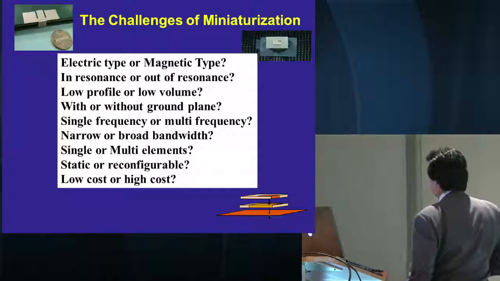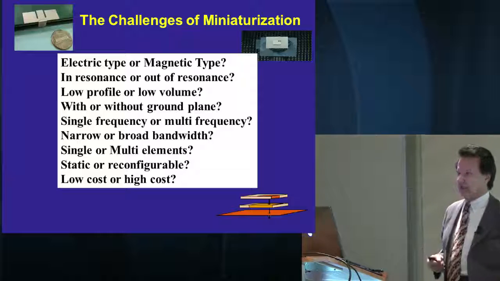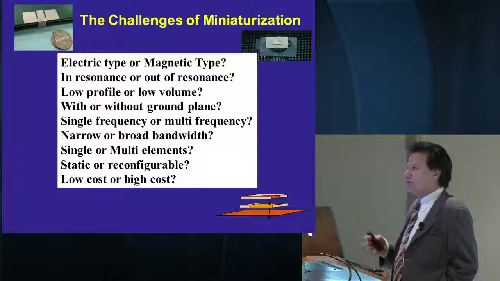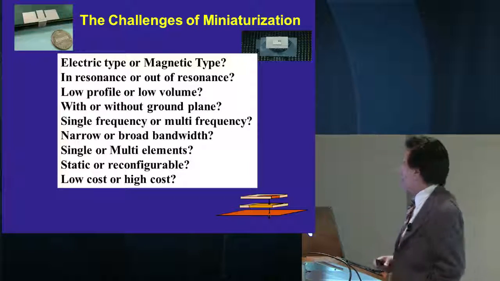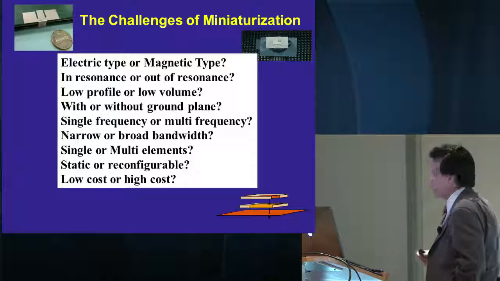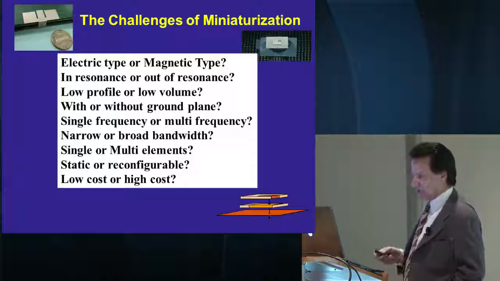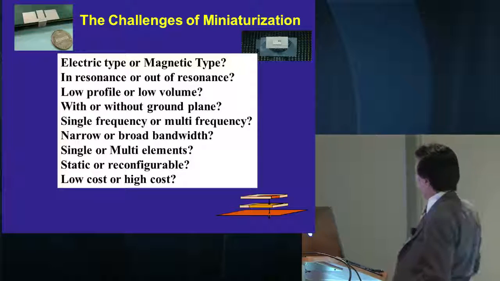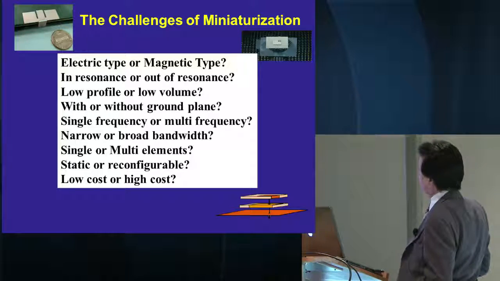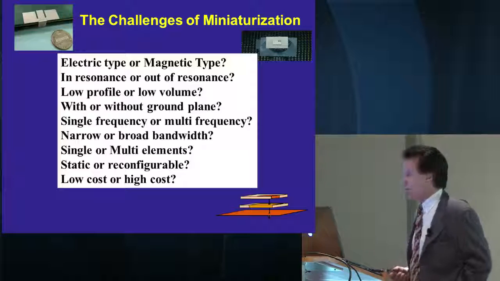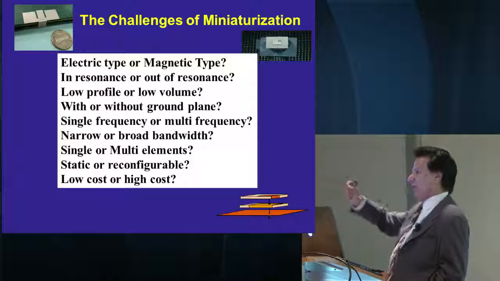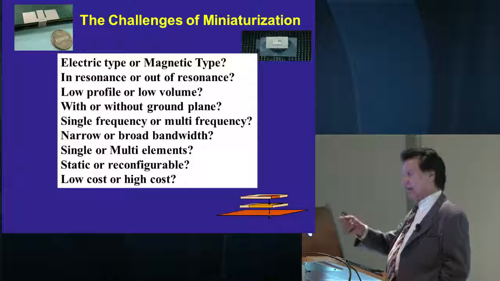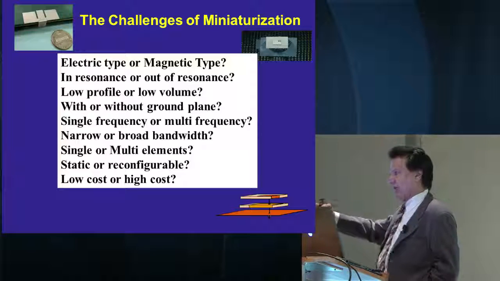So what is the challenge then? The challenges of miniaturization are several. You have to ask yourself, for those of you who are more in tune with antennas, if not in the broad picture, is the antenna electric type or magnetic type? For example, if you have a dipole wire antenna, inherently you can see it's electric type because the current flows along the wire.